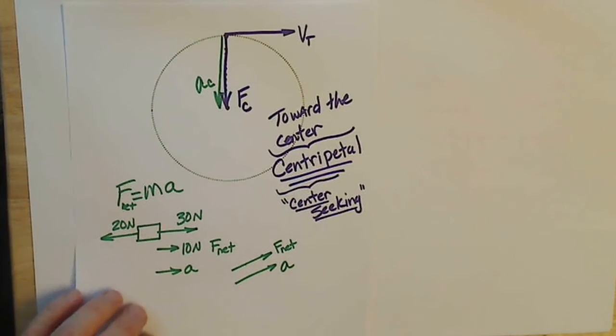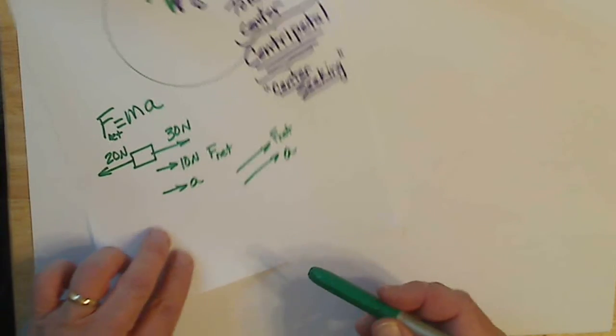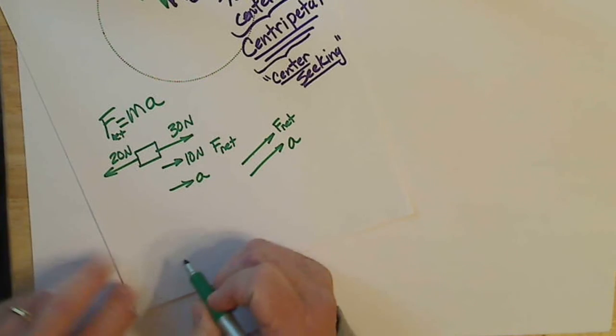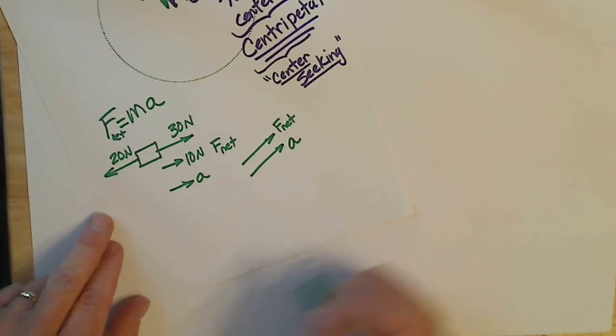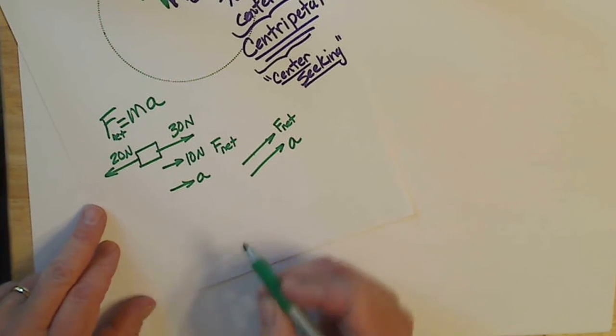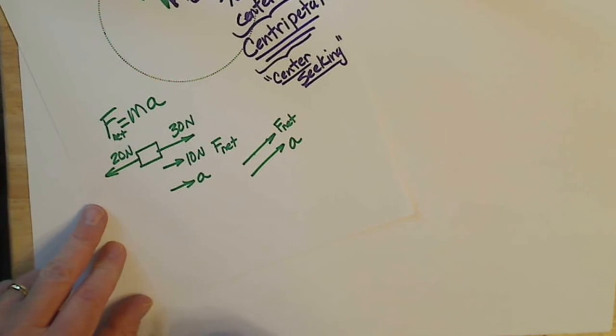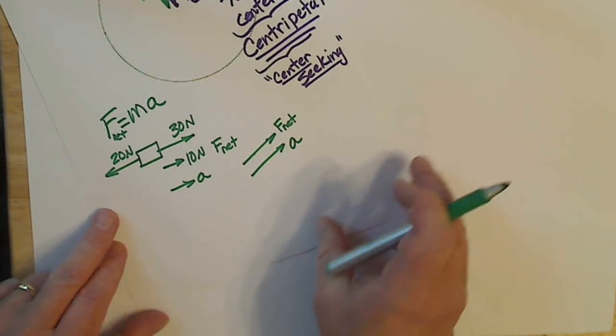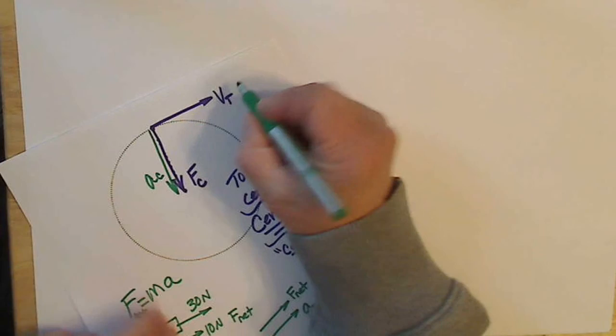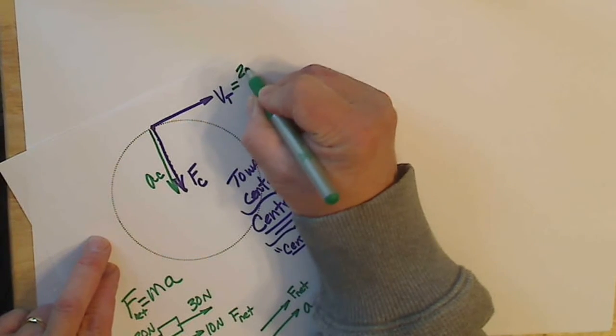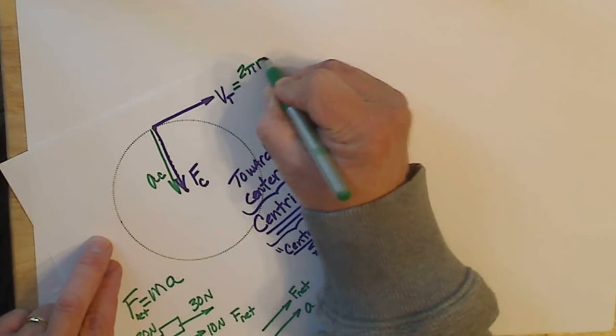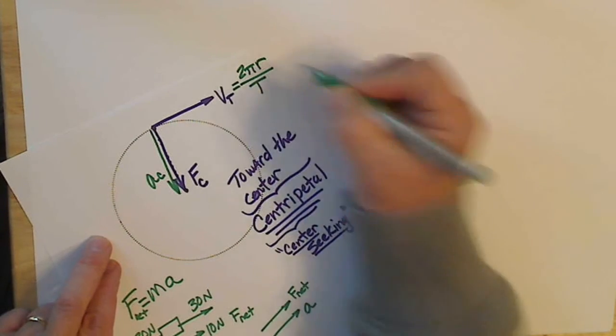Now let me show you one more thing as far as formulas go. We have two more little formulas here, and I'll be done with part one of our three-part series on circular motion. We now know how to calculate the tangential velocity, which was 2 pi r over the period.